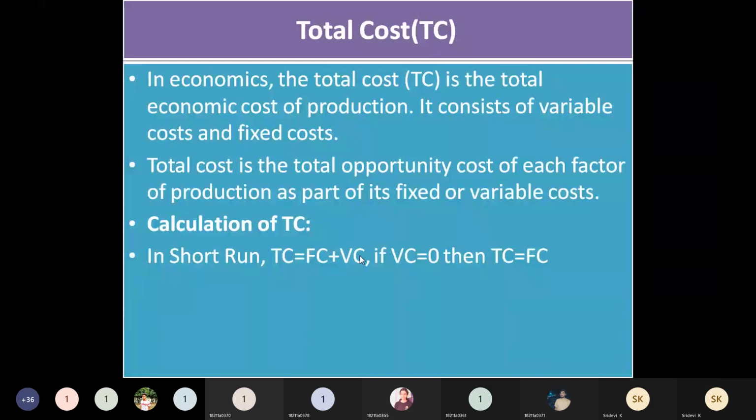If variable cost is equal to 0, then total cost will be equal to fixed cost. When you come to the long run, total cost will be equal to variable cost, and there won't be any fixed cost during that long run period, because fixed costs are also going to be varying, which will be included in the variable cost. You won't find fixed costs in the long run.